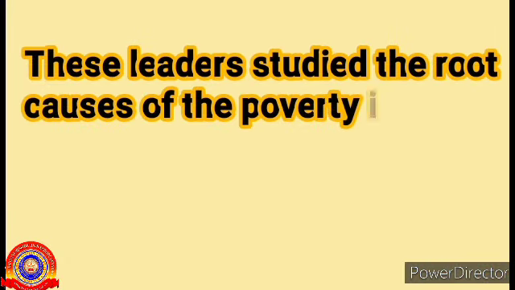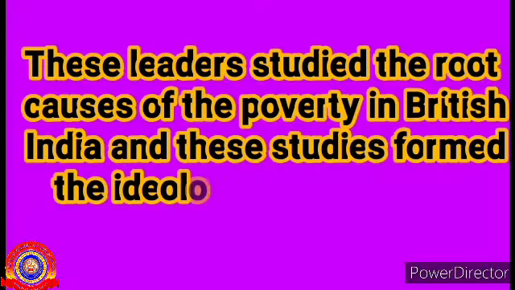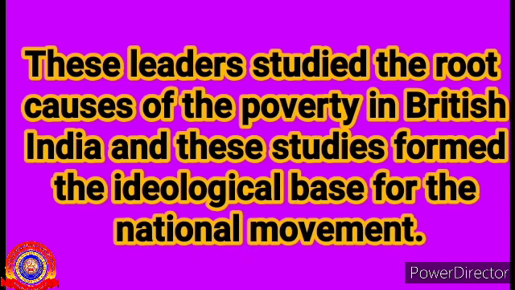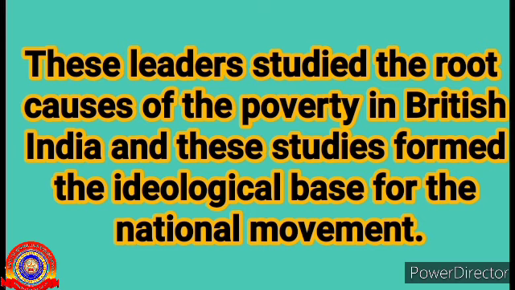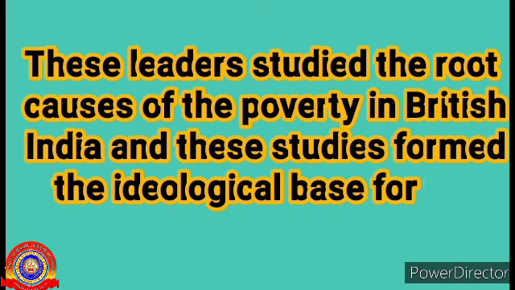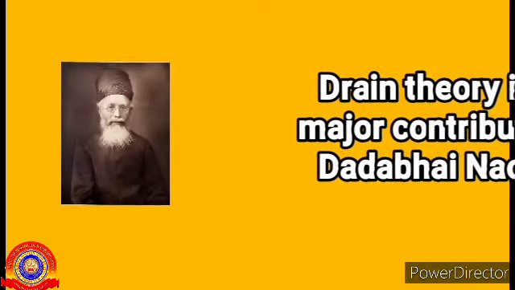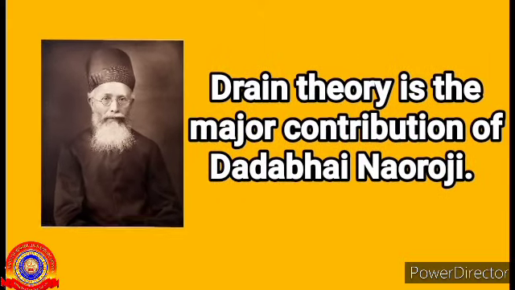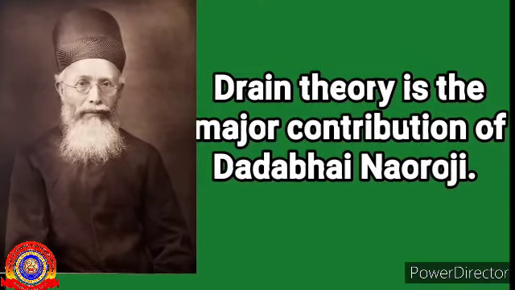These leaders studied the root causes of the poverty in British India, and these studies formed the ideological base for the national movement. Drain theory is a major contribution of Dadabhai Naoroji.